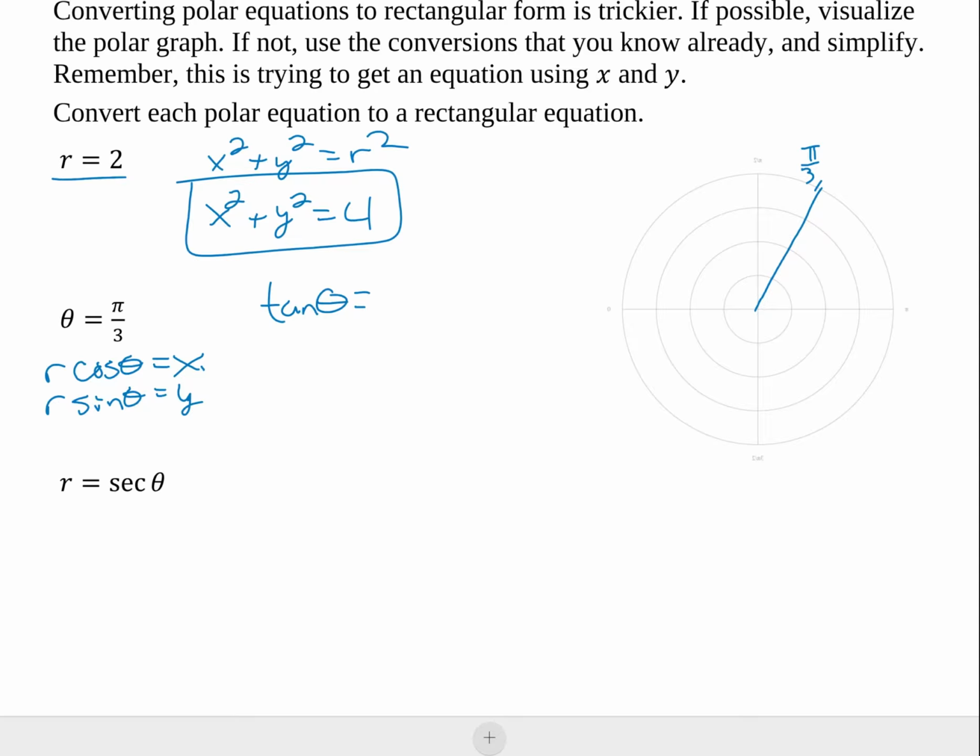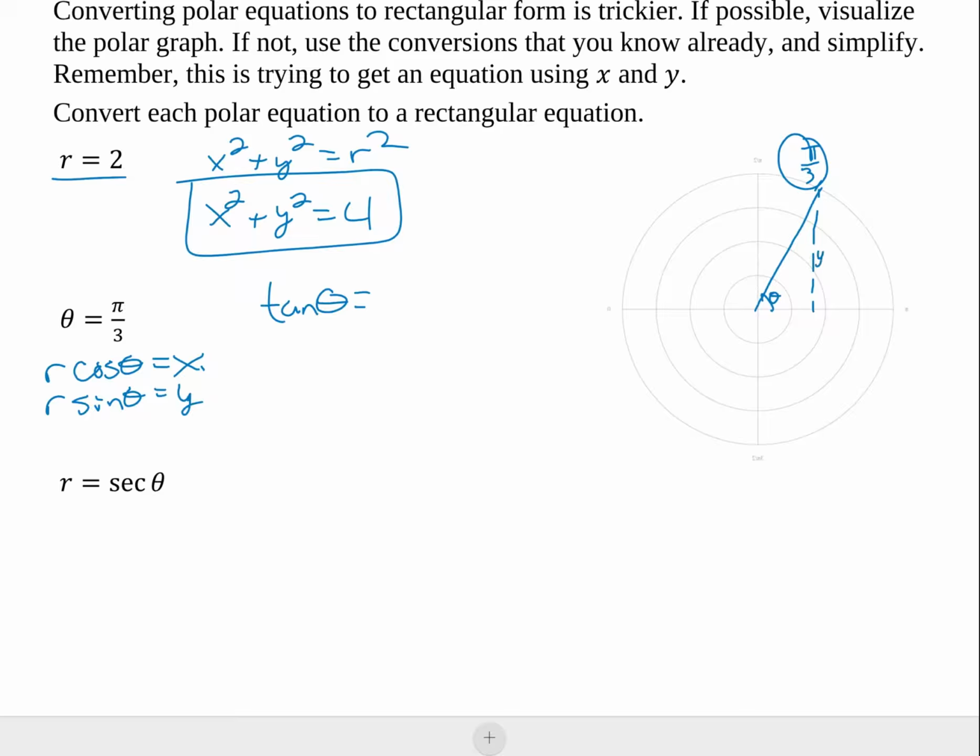Well, let's see. Because I know that my angle is pi over 3, I can plug in. Tangent theta is sine over cosine. So what is sine pi over 3? Sine pi over 3 is some value, right? Here's my angle theta.